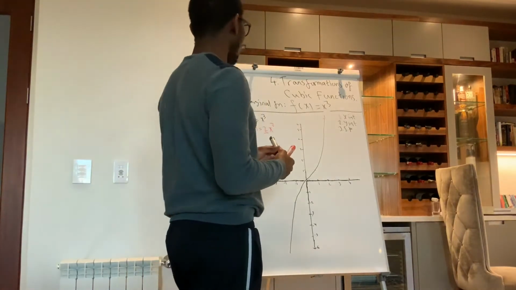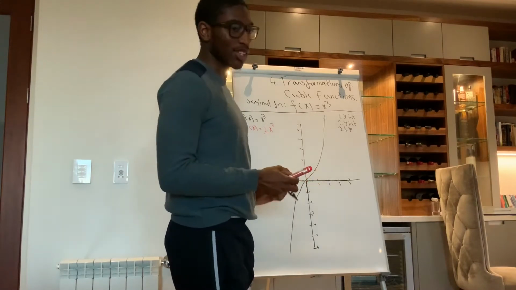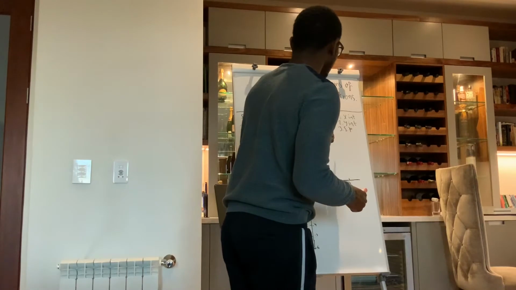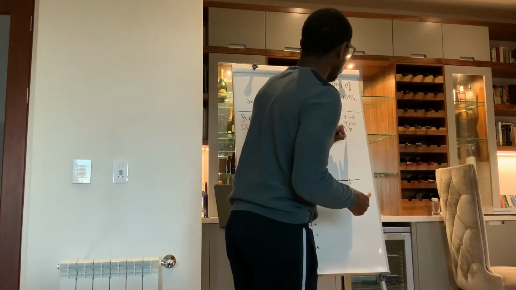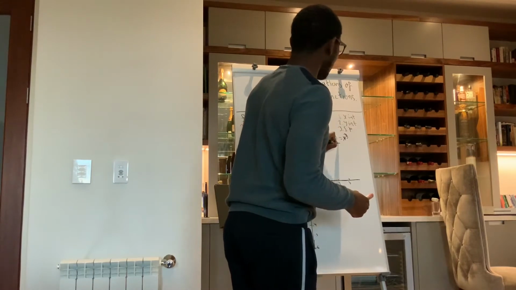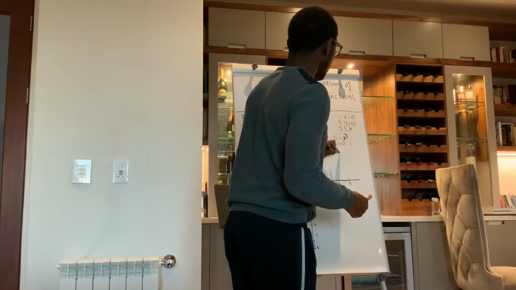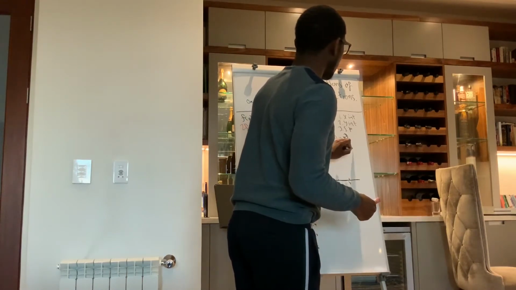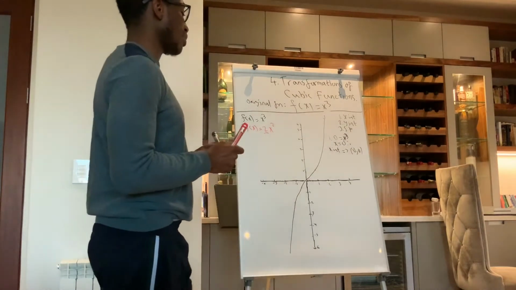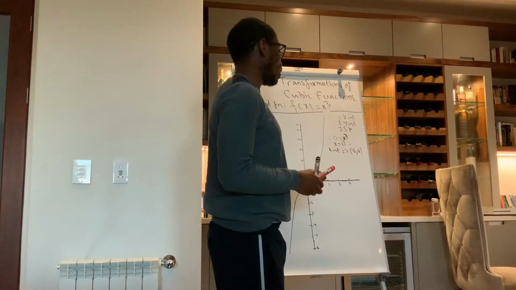Before that, let's explore. To find the x-intercept, what do we do? The x-intercept is where you cut the x-axis, and that's when y equals 0. We set the function equal to 0. So we set 0 equal to x cubed. Clearly, this is only satisfied when x equals 0. Therefore, we have an x-intercept at 0, 0, because by definition the x-intercept is when y is 0, and we found one at 0, so it's on the origin.